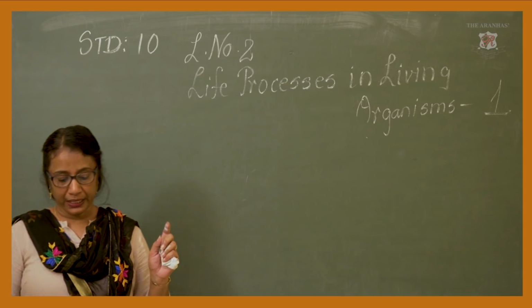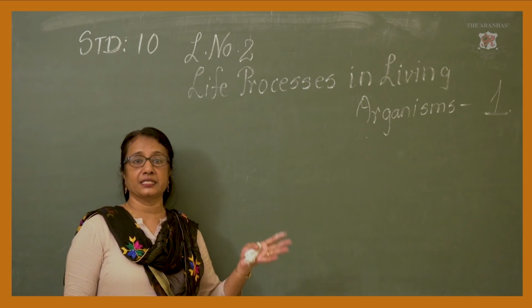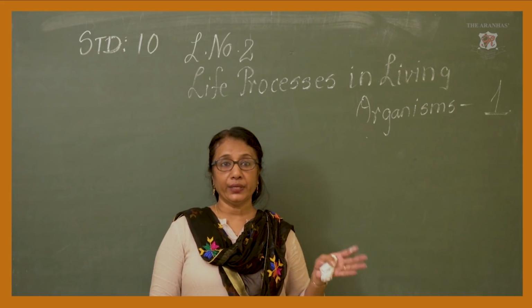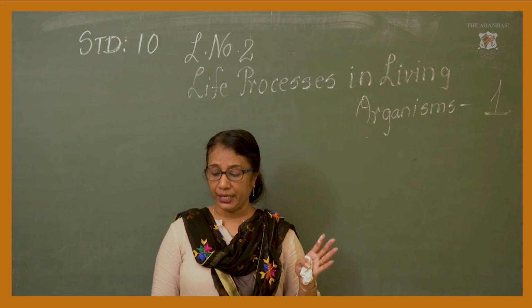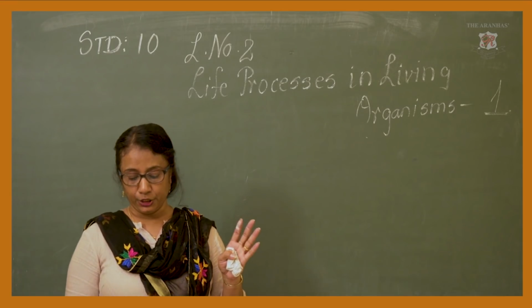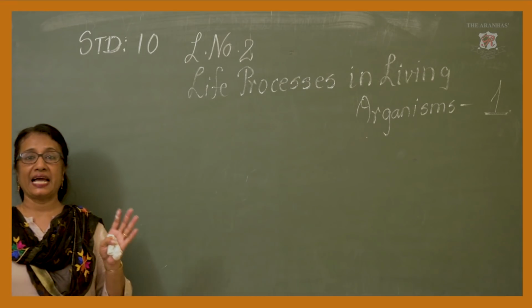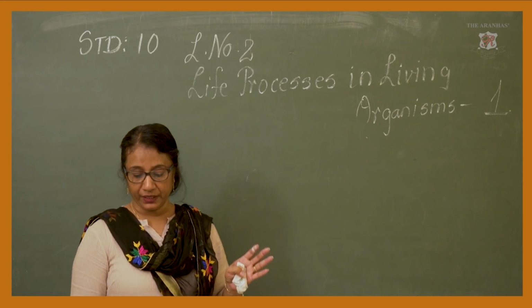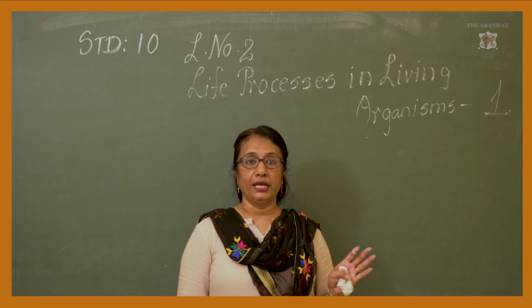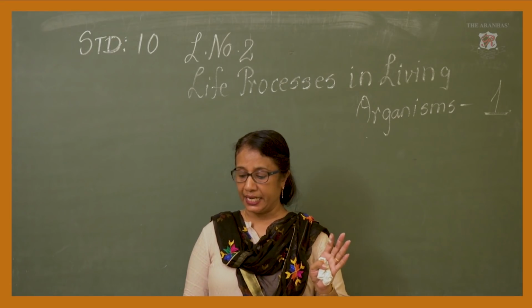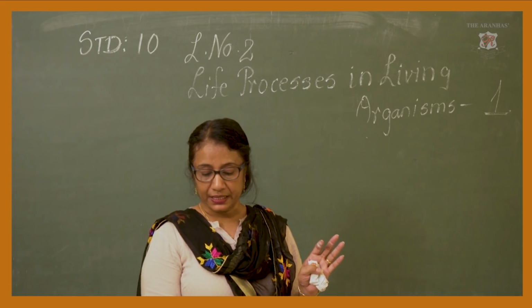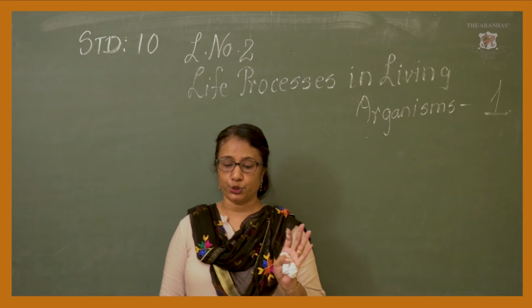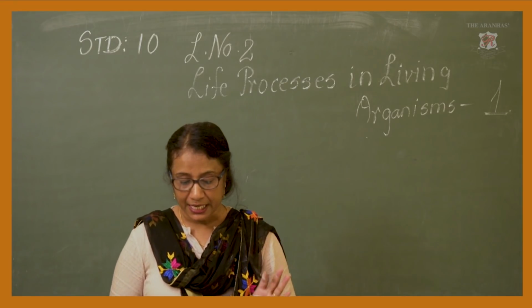Now, pyruvic acid is converted further. It does not stop there; the reaction keeps on happening. The pyruvic acid is converted into a molecule called acetyl coenzyme A, and also 2 molecules of NADH2 are formed and CO2 is released.